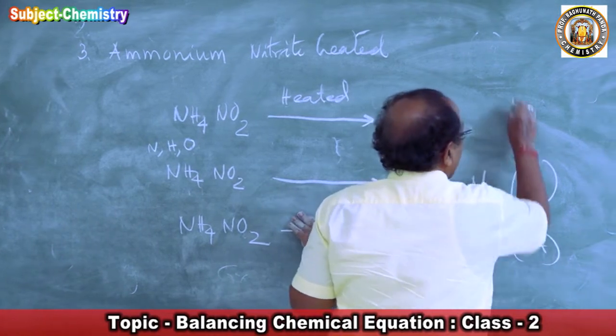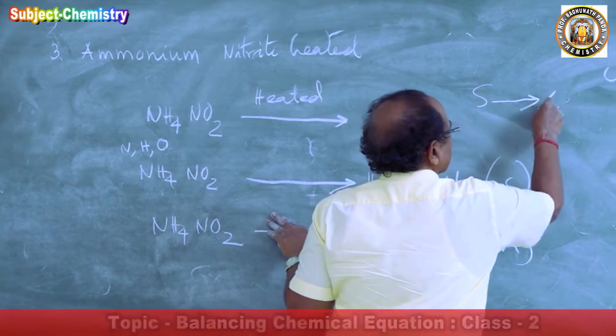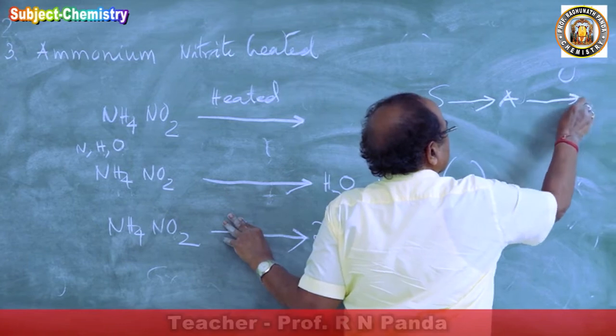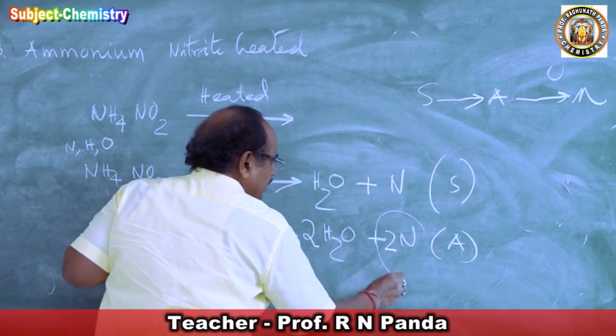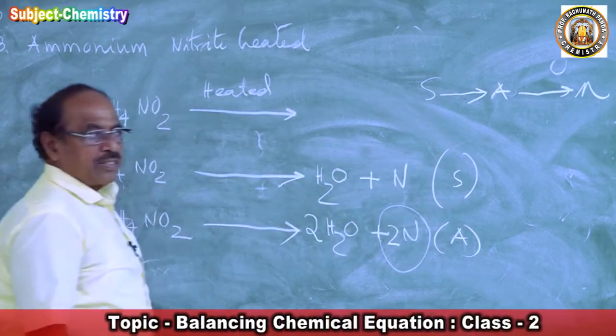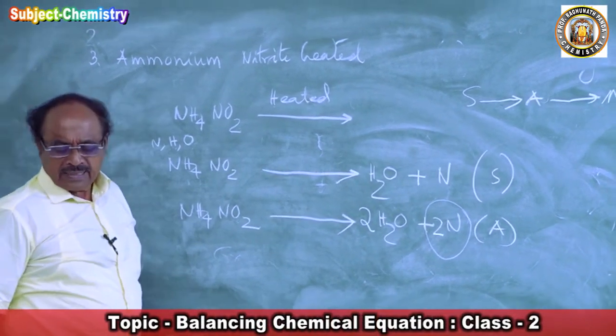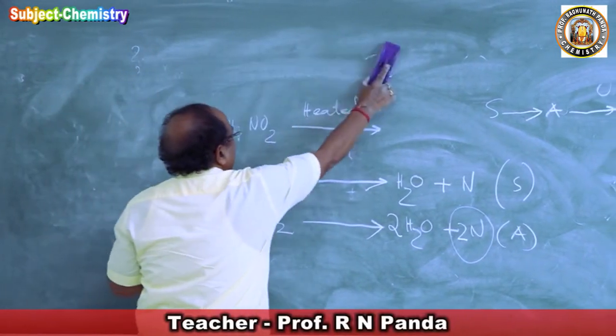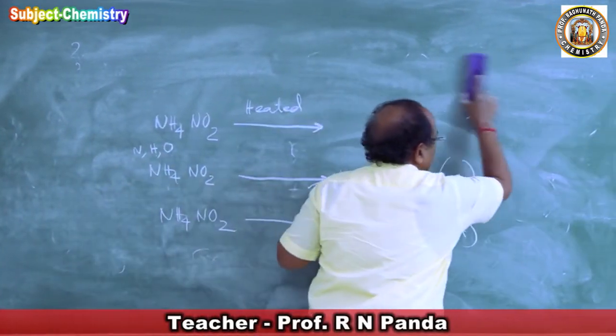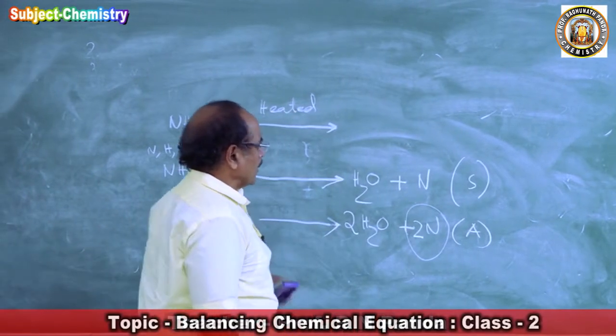I told you SAM: skeleton equation, then atomic equation, then molecular equation. Now nitrogen is an elementary gas. It will remain in the molecular state, so we represent it in molecular form.